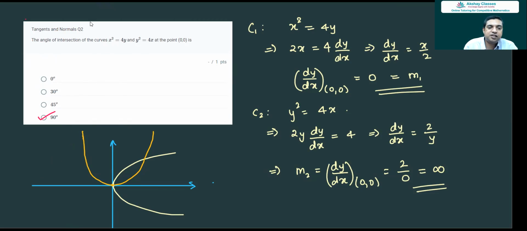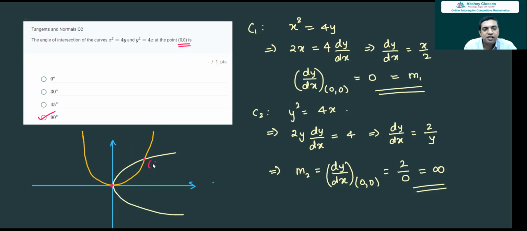So at 0, 0, one tangent is the x-axis, the other tangent is the y-axis. So the angle of intersection of these curves at this point. There is another point, I think at 4, 4, where they intersect.